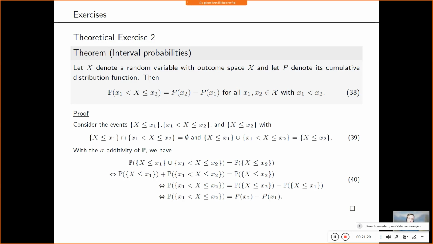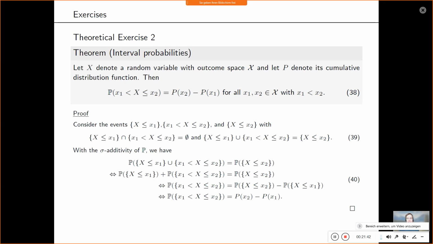So for continuous random variables, from the fundamental theorem of calculus, you get the solution for the integral, namely that you need to subtract the antiderivative, or analogously the CDF, of the upper interval boundary.